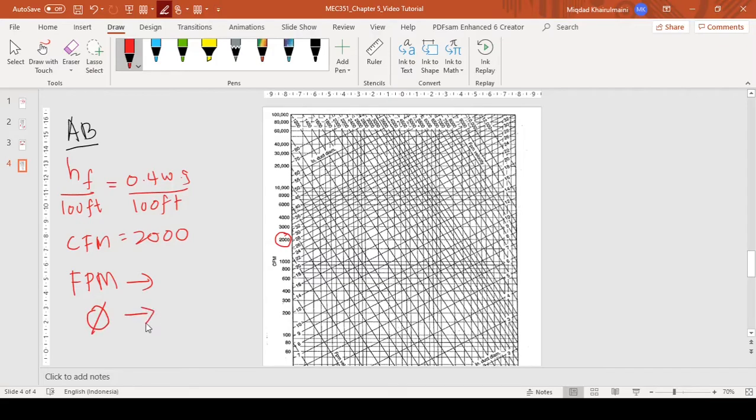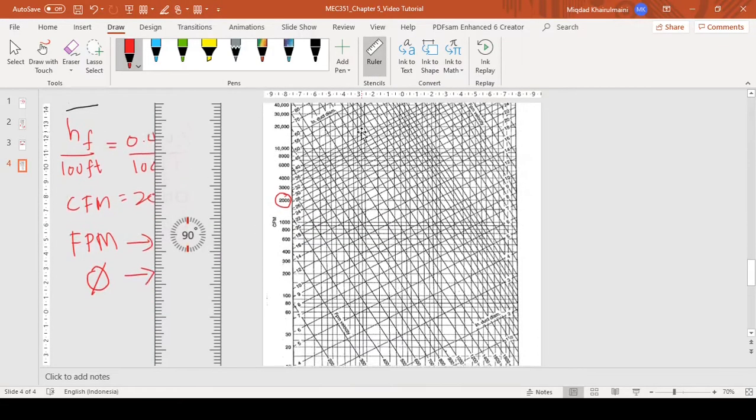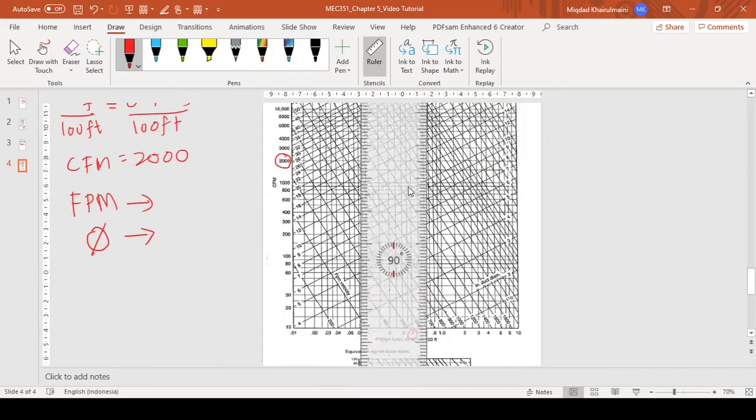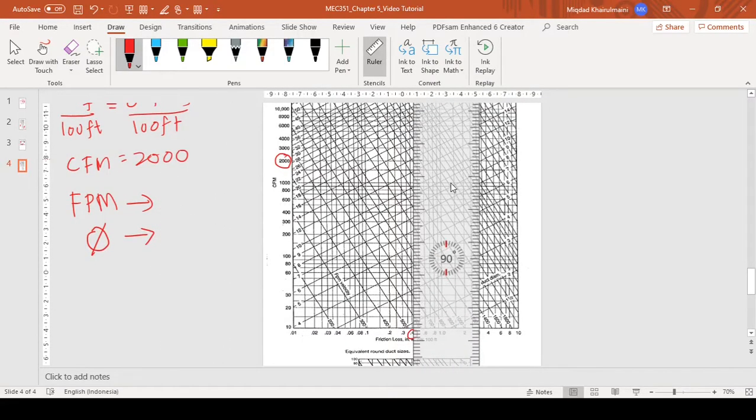We have to use our ruler, and then we can draw a straight line here up to 2000.